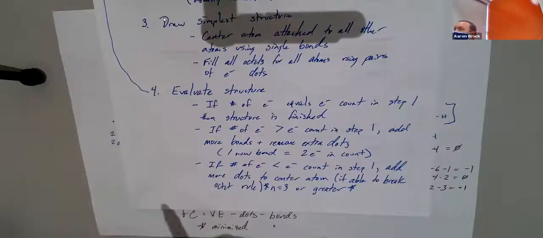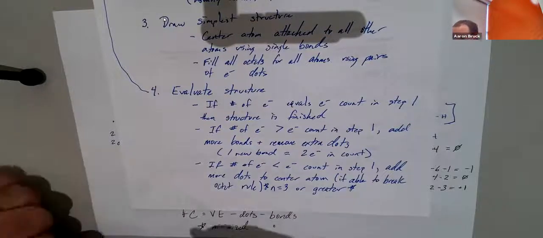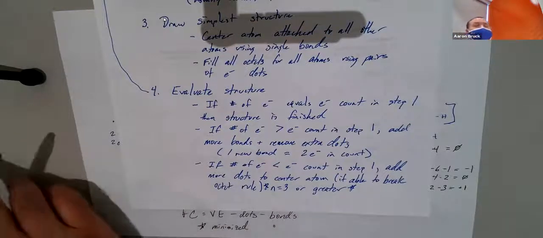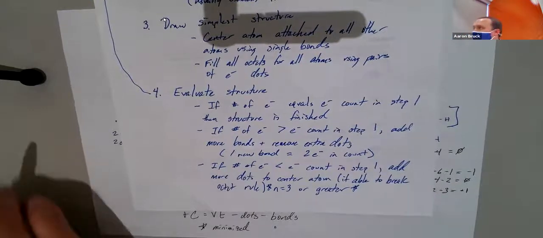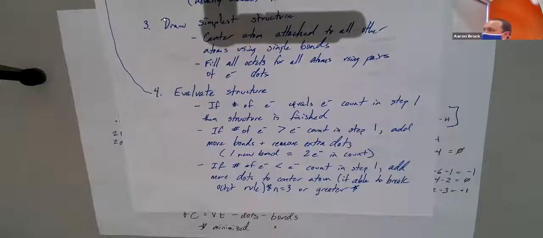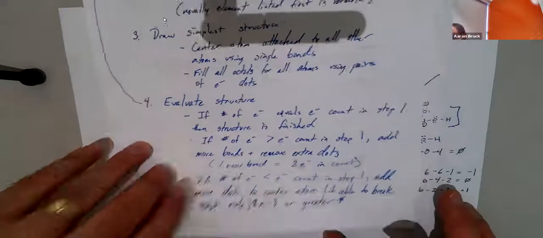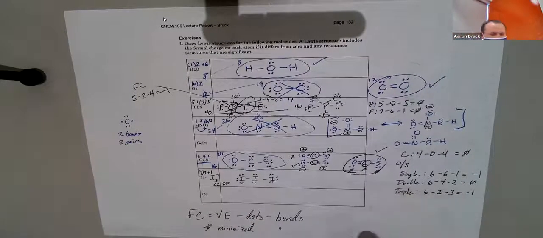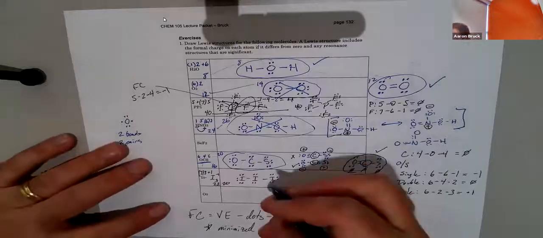In particular, we add more dots to the center atom, assuming that the center atom is able to break the octet rule. Iodine is a period 5 element, so yes, definitely can support the extra electrons. Where do those extra electrons go? They go right here in the middle.